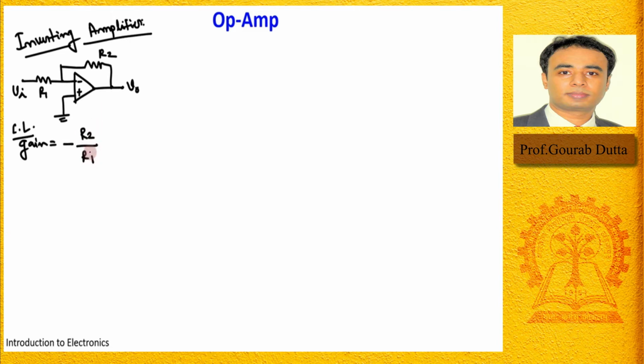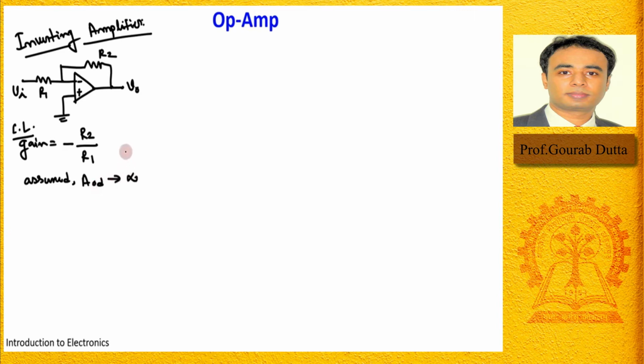During this estimation of the closed loop gain, we assumed that the differential open loop gain of this op amp, AOD, is infinite.